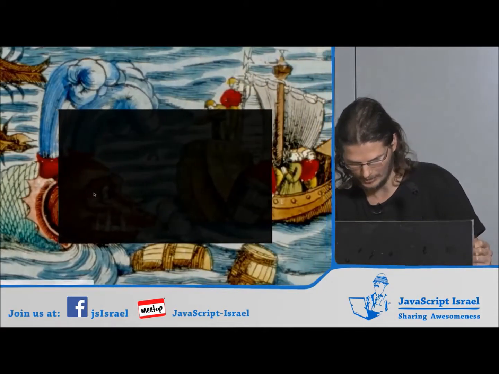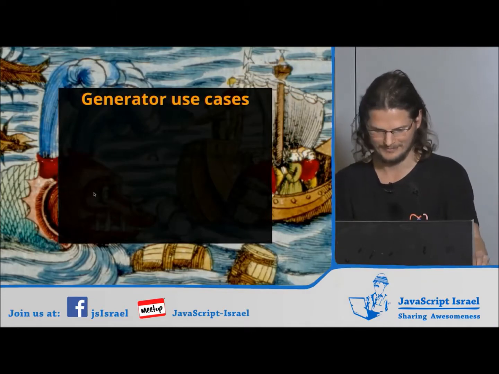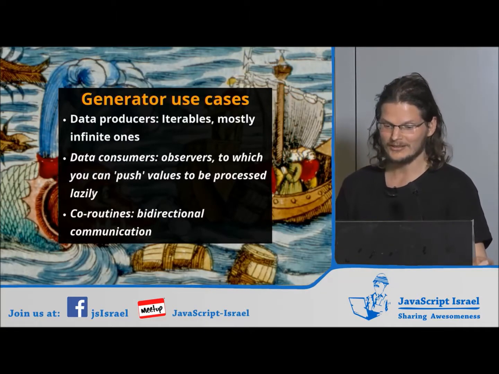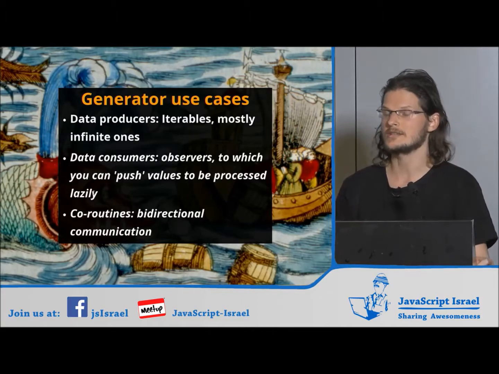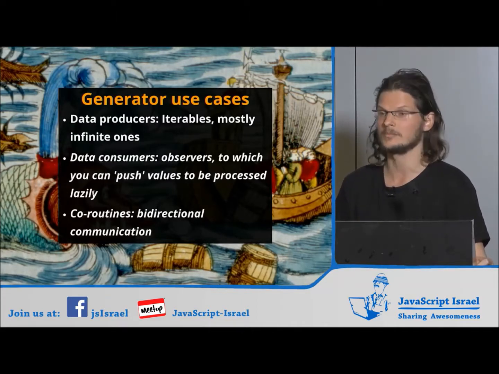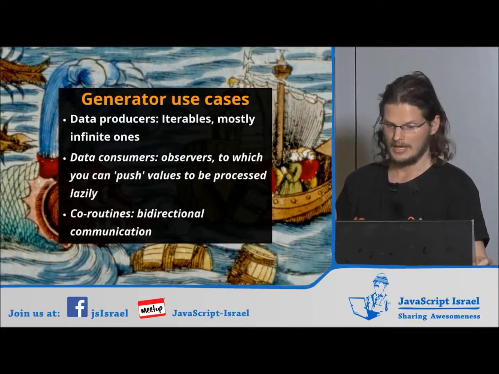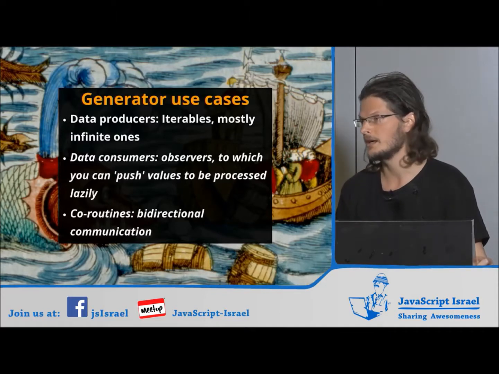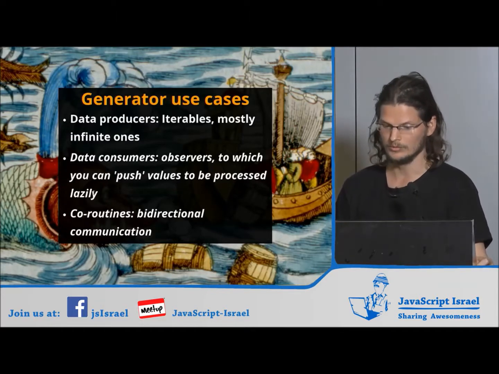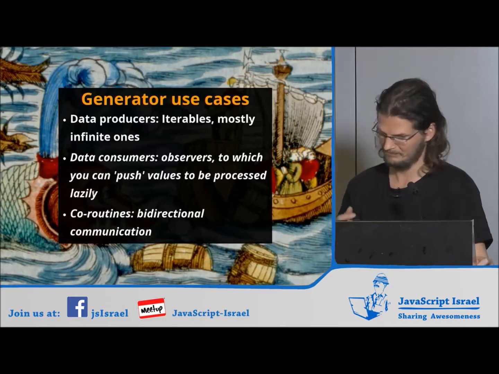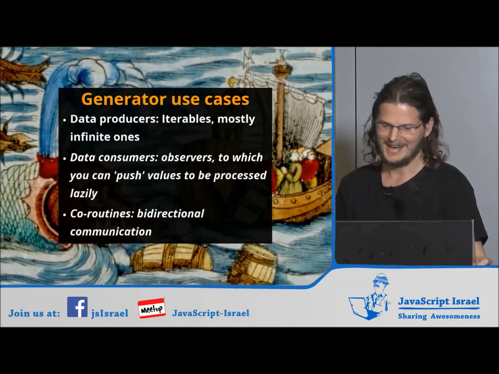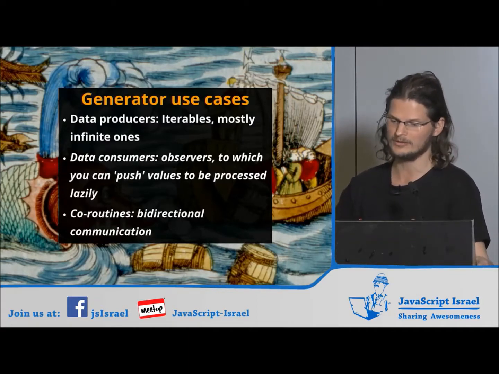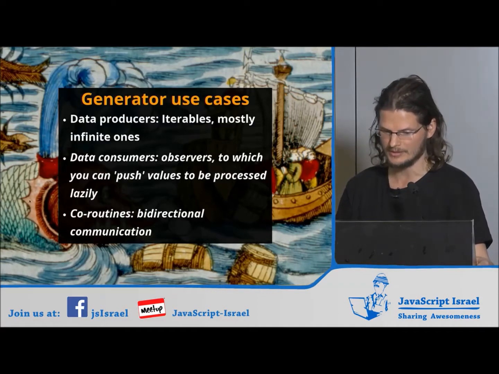You can't see the background because I made this slide too late. But here be dragons. So generator use cases, what we've seen so far, they are very awesome lazy data producers because they are iterables, infinite or finite. They make really cool loops and they rule. But you can also use generators to implement a whole bunch of other things. They can be observers.